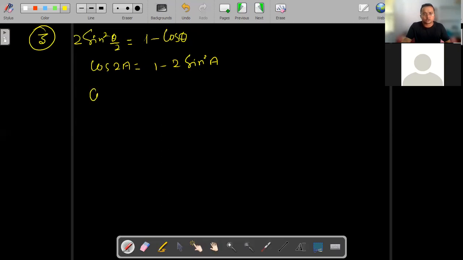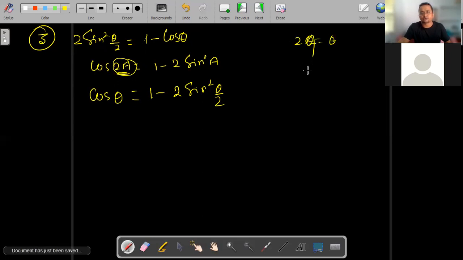Now in cos 2A, you have to replace 2A by theta, so it becomes cos theta. And in 1 minus 2 sine square A, 2A is equal to theta, so A is definitely theta by 2.